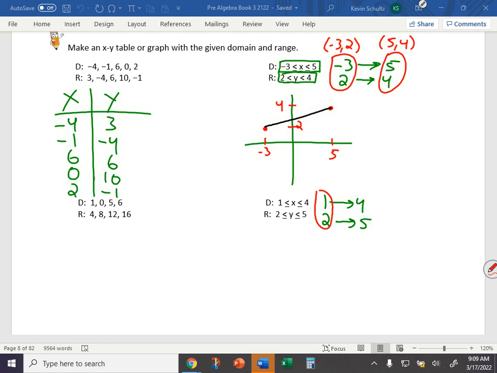Take the low and the low. 1, 2. Then take the high and the high. 4, 5. Those are going to be the two end points to your segment. Okay. Questions?